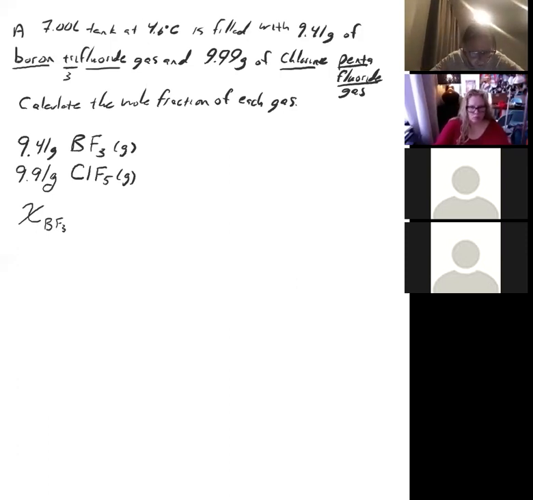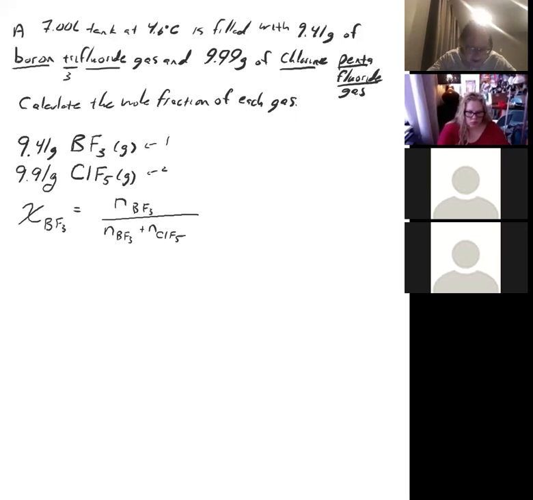So this would be the moles, N, of BF3 divided by the total number of moles. So remember, there's only 2 gases here. This is gas 1, this is gas 2. So I'm just going to write it as moles of BF3 plus moles of chlorine pentafluoride, right? That's the total number of moles on the bottom. So if we could just put the moles in, we'd have an answer.